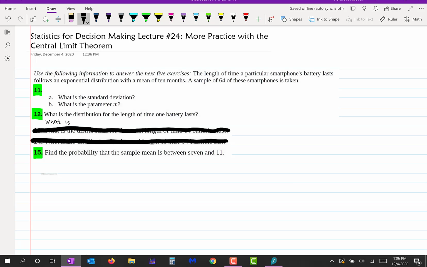what is the distribution for the average battery life of a sample of 64 batteries?